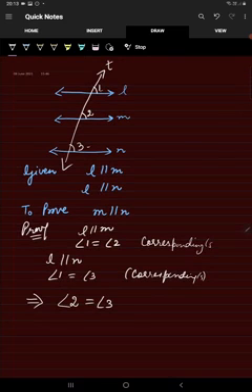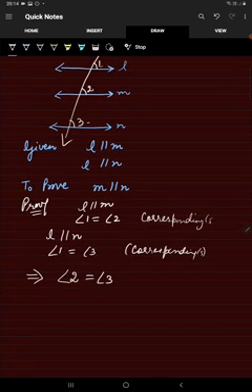Here angle 2 and angle 3 are corresponding angles in lines M and N. So we can say that line M will be parallel to line N.